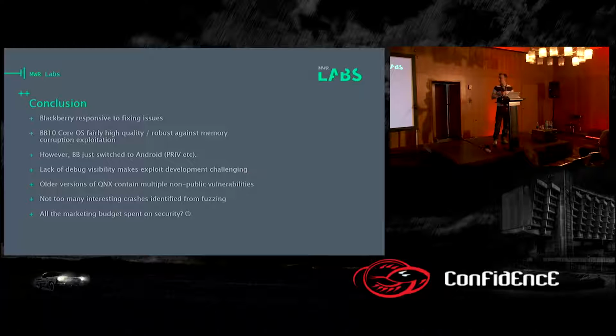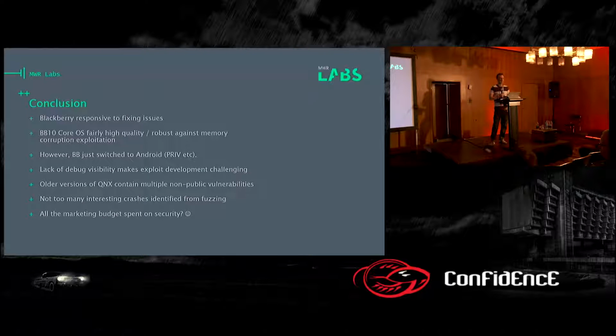So in general, I think BlackBerry were fairly responsive to fixing the issues. As a vendor, they were easy to work with. They were quite on top of things. I think the code itself was fairly robust and high quality against memory corruption, but there are definitely still reliability issues there. And if it's a safety critical system, then it's probably not as good.